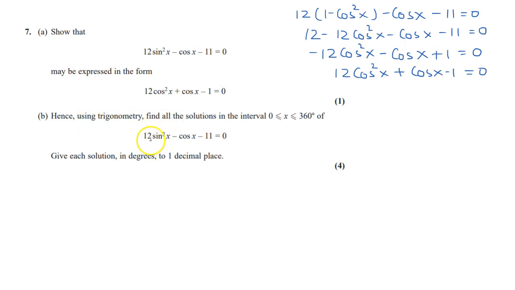Hence find the solution of all this. This is part A. Now for part B. 12 sin square x minus cos x minus 11 can be written as 12 cos square x plus cos x minus 1 is equal to 0.